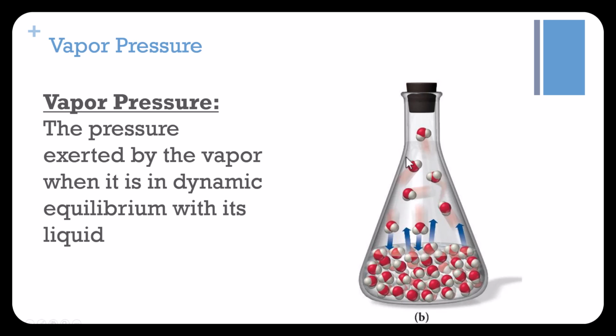Vaporization: liquid becomes gas, liquid becomes gas. At some point, there's going to be a collection of gas above this liquid, and that gas is going to exert a pressure. That's vapor pressure. Also, remember we are at equilibrium here, so the rate of vaporization is equal to the rate of condensation, and we have a constant vapor pressure above this.